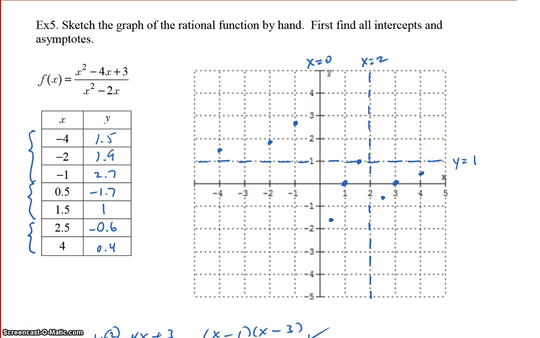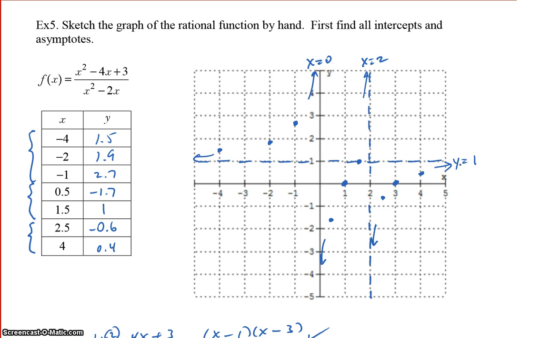And then the other thing I need to note is that the asymptotes sort of determine where the different pieces of the graph are going. So there'd be a piece going up there to the left like that, up along the y-axis here, down along the y-axis here, up along x equals 2 here, down along the line x equals 2 here, then up towards the horizontal line y equals 1 here.